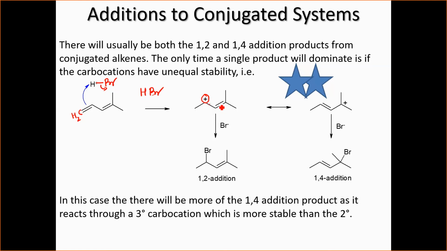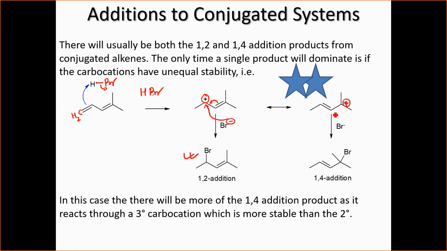So now if this bromide attacks this carbocation before the double bond comes here, then we'll end up getting the 1,2 addition. Right? Now, if the bromide is coming slowly, and the double bond has a chance of flipping this side before the bromine attacks, then you'll get the tertiary carbocation, right?